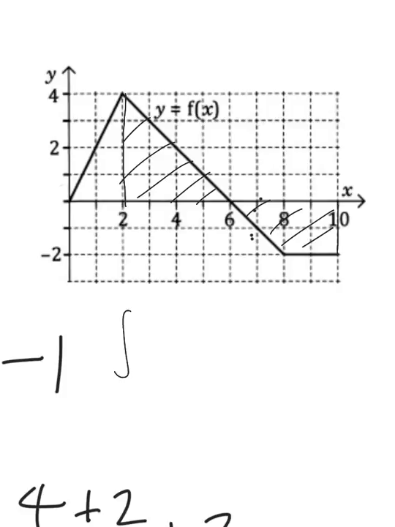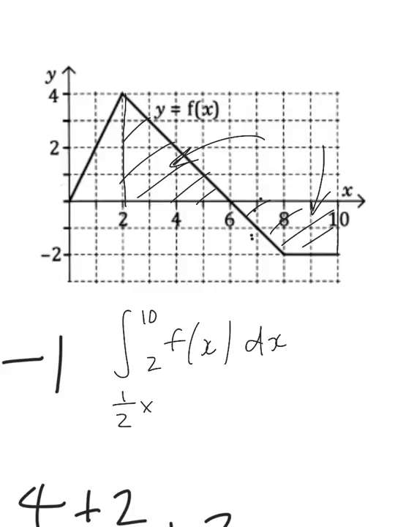All this is saying is what's the integral from 10 to 2 of this function. So what we need to understand is that this will count as negative and this area here will count as positive. So the positive bit is just a half. The base here is 4 long and the height is 4. So that area there is 8.